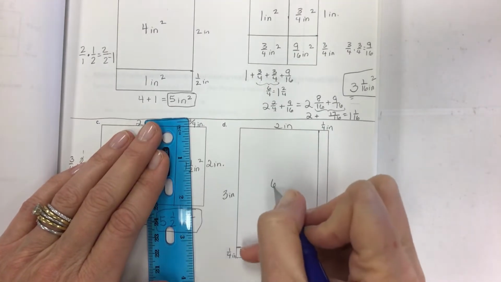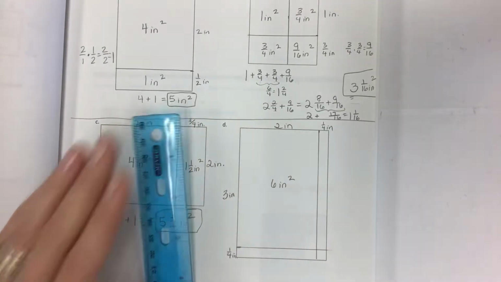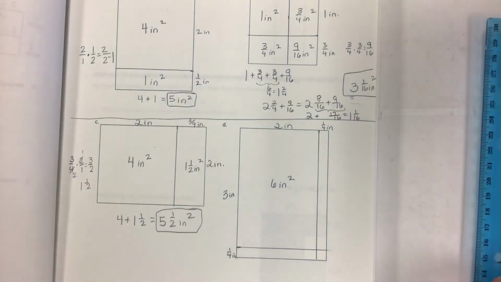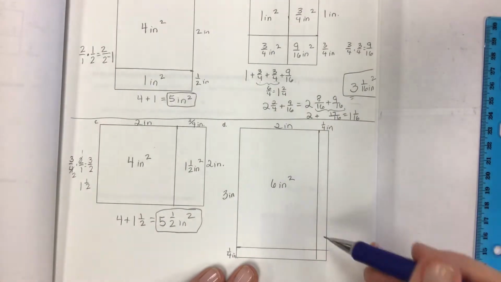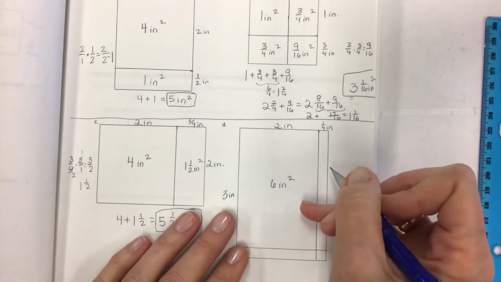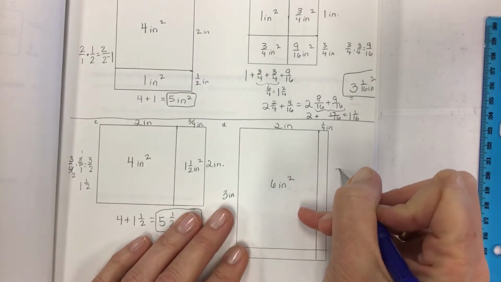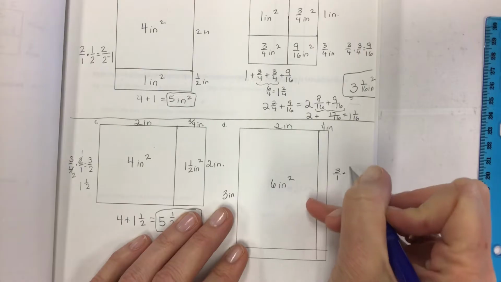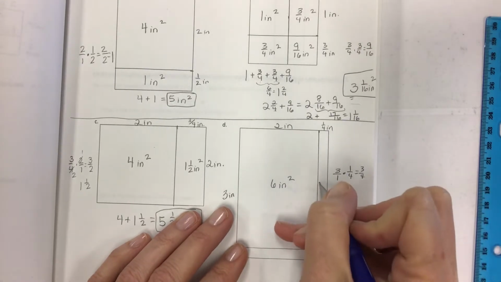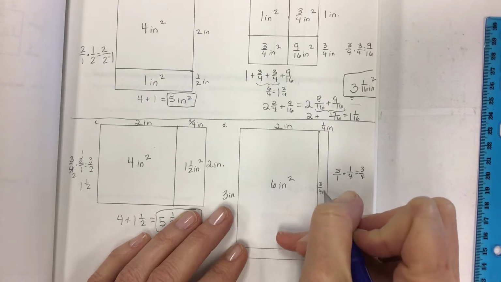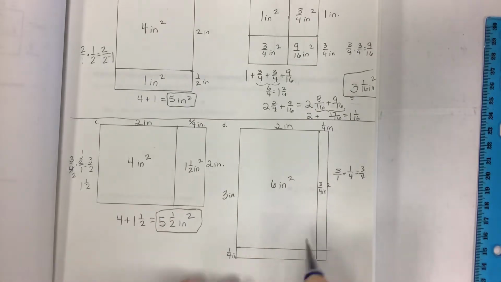So 2 times 3 is 6. So you can just put your 6 inches squared there. But for this section and for this section, you need to multiply the length times the width. And so for the first one, it's 3 times 1/4 for 3/4 inches squared.